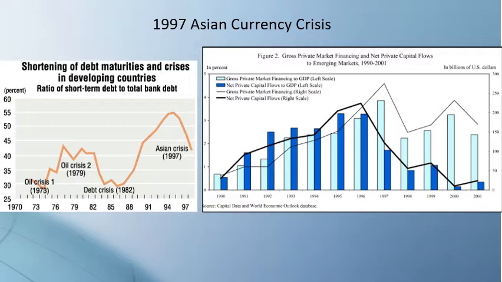So the 1997 Asian currency crisis was really brought about by the removal of capital controls in the early 90s by nearly everyone, and the Asian tigers as well.